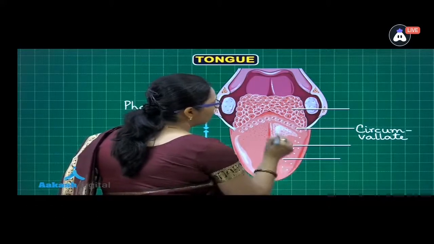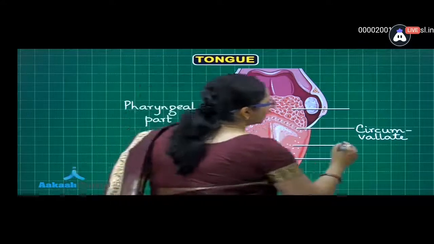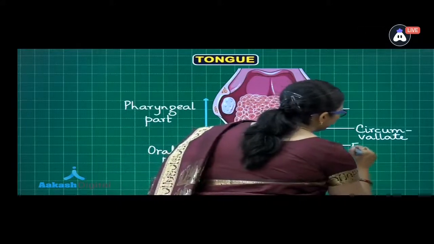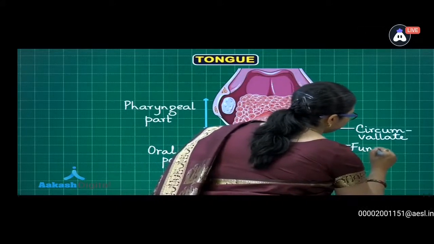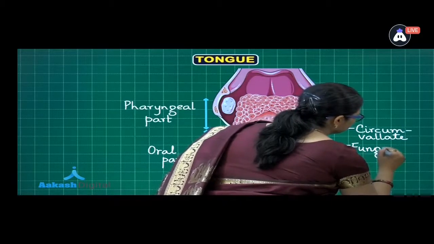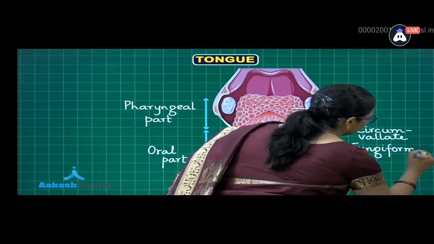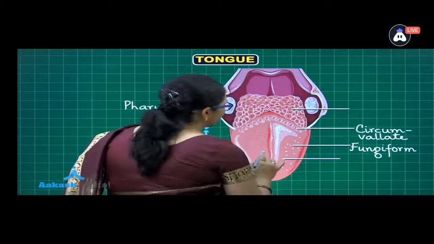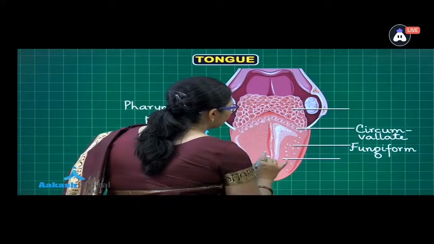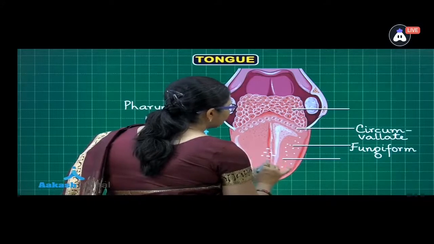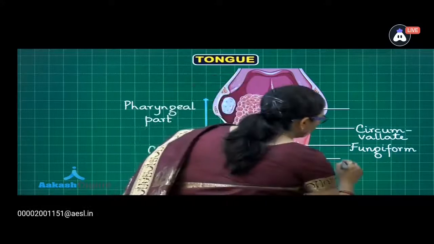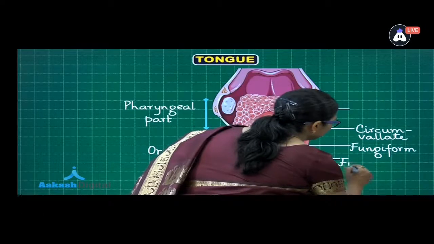Then all through this lateral margin also there are papillae which are deep red in color, and they can be easily observed on the tongue, and these are the fungiform papillae. And the smallest papillae, which are maximum in number, are the filiform papillae.